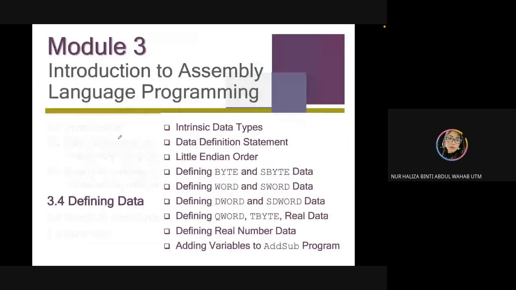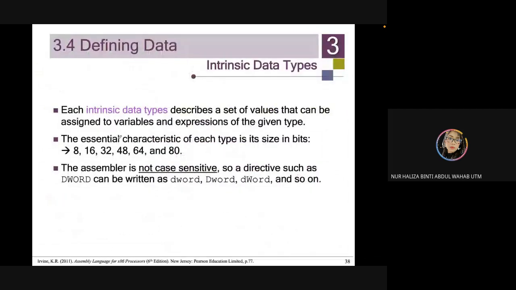So now we continue with the slide. You can see, just now I informed you about byte. If you still remember, byte is equal to 8 bits. So that's why the smallest size that you have is 8, isn't it? Then you continue with 16, 32, and until 80.